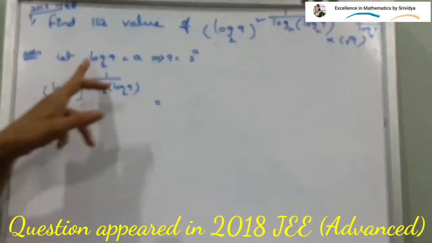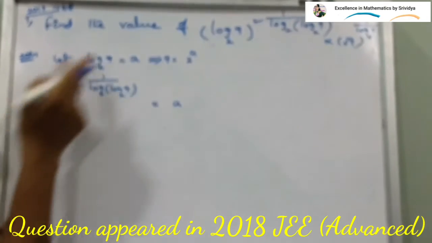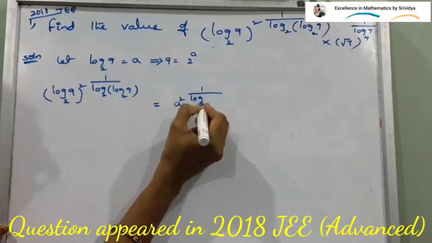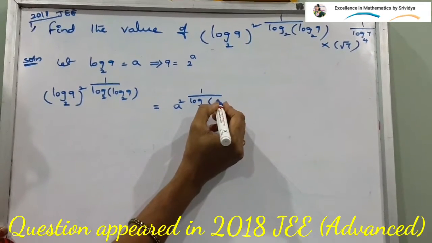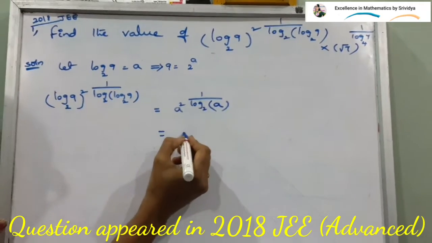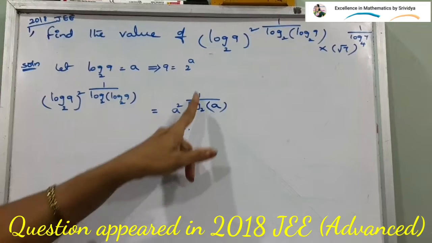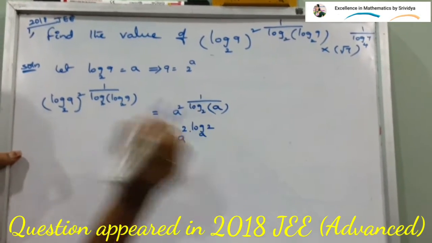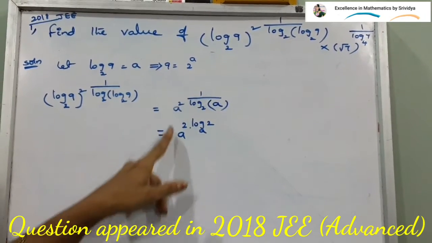But log 9 base 2 is a, so it is a square into 1 by log of a base 2, which is a square whole power 1 by log a base 2.